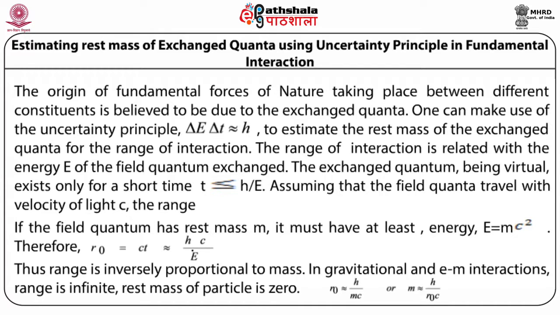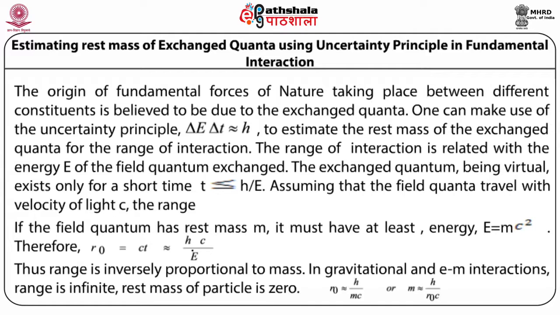The exchanged quantum, being virtual, exists only for a short time t less than or equal to h by E. Assuming that the field quanta travel with the velocity of light, and this is because for light the field quanta is an electromagnetic radiation, and all electromagnetic radiation including light will travel with the speed of light, that is c. So we can find out the range.